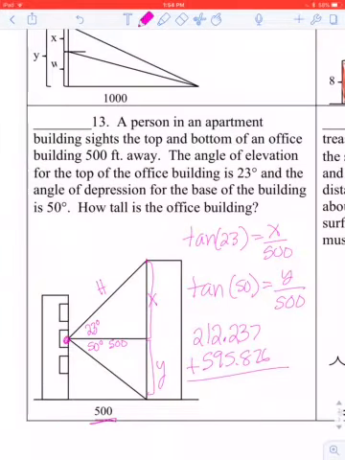But I have this in my calculator again. I'm not going to round them if I can help it until the very end. So I'm adding them in my calculator. It definitely said that I had an error, which I do not. Come on, calculator. All right, so I got 808.1 feet tall.